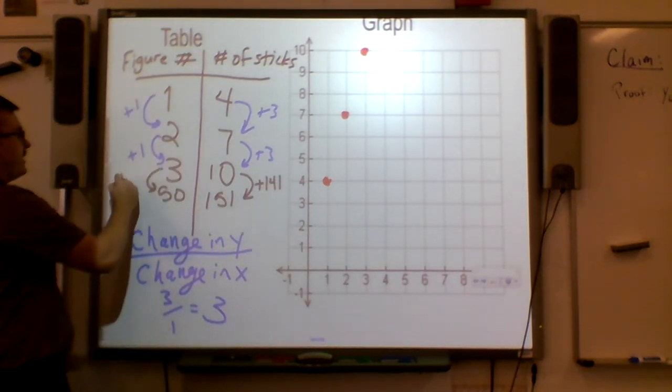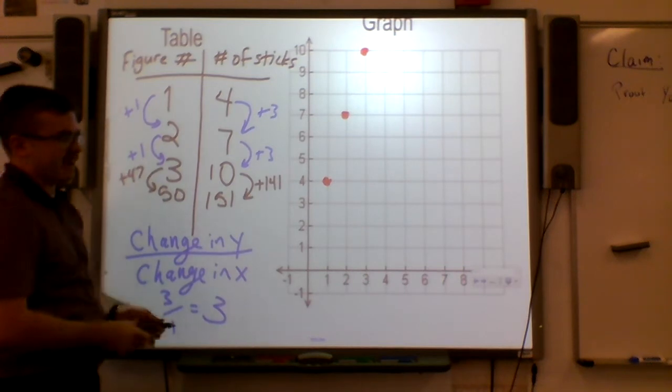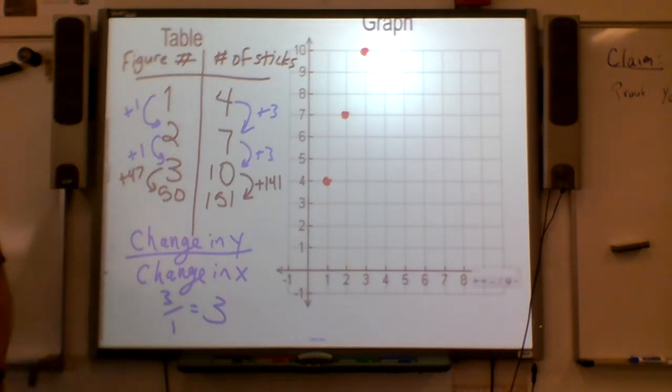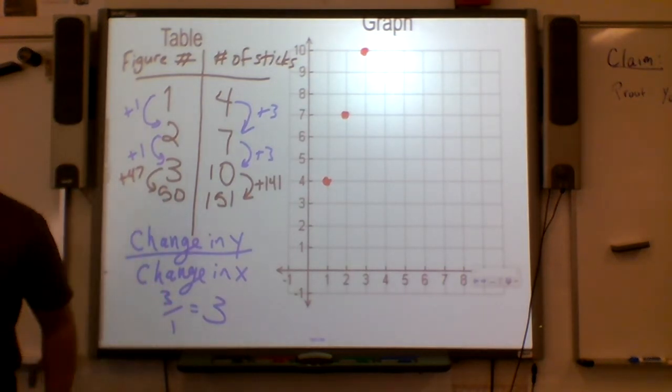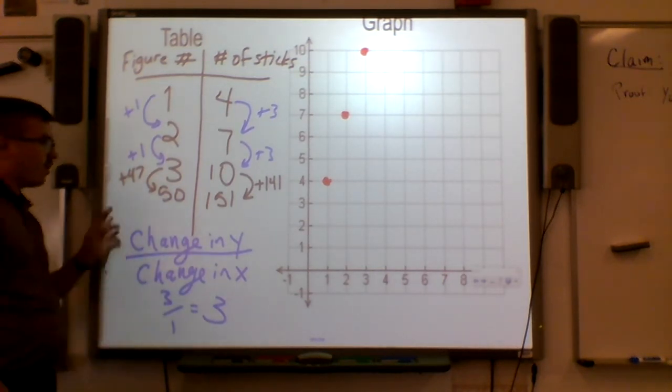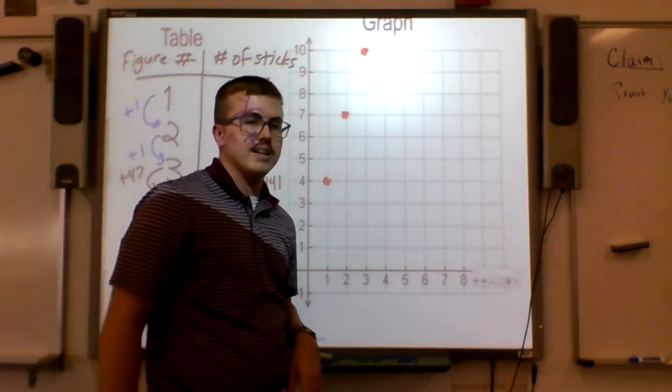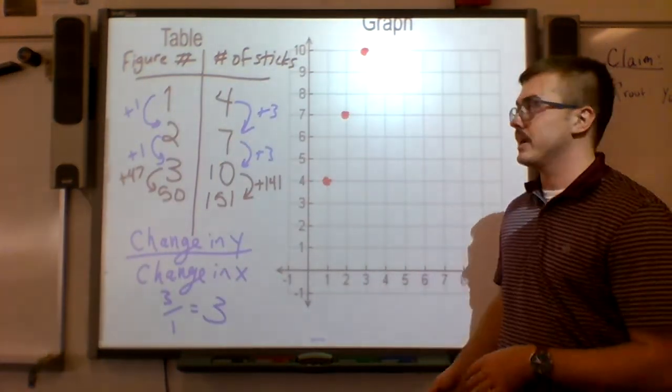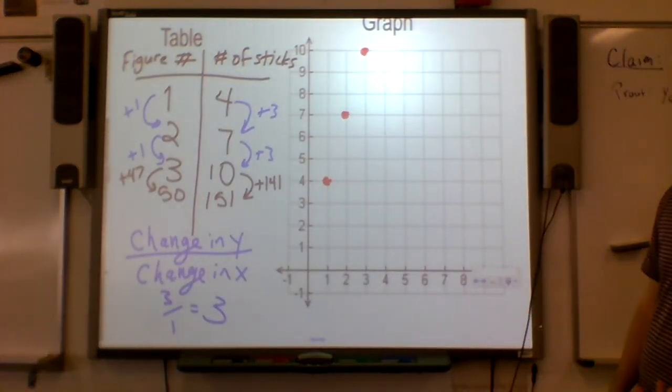From 3 to 50, we have to add 47. If you type that in on a calculator, go ahead and do 141 divided by 47, and that also gives you 3. So it works, it keeps working, so we know it's linear.